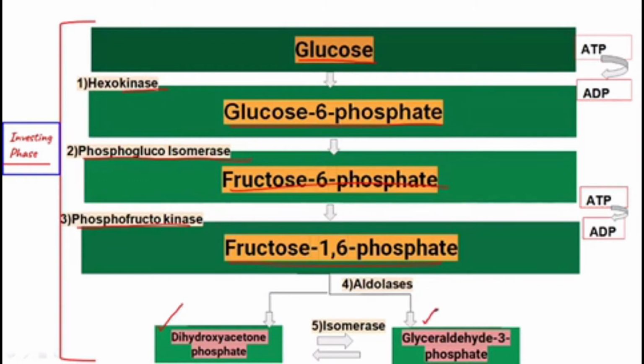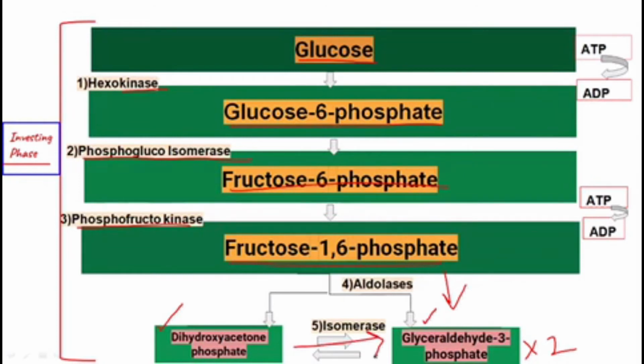As dihydroxyacetone phosphate and glyceraldehyde 3-phosphate are isomers, by using the isomerase enzyme, we are converting dihydroxyacetone phosphate into glyceraldehyde 3-phosphate. Now, we have two molecules of glyceraldehyde 3-phosphate. One which we got from fructose 1,6-phosphate and another which we got from dihydroxyacetone phosphate.